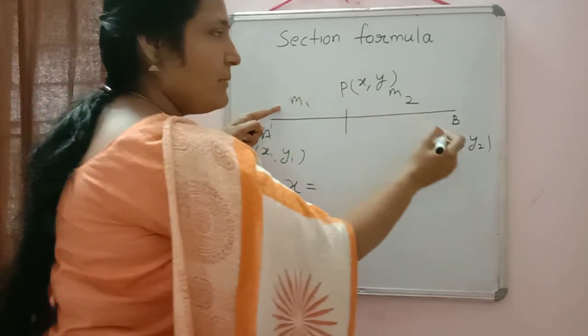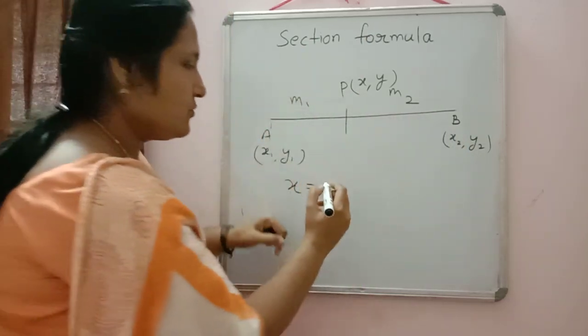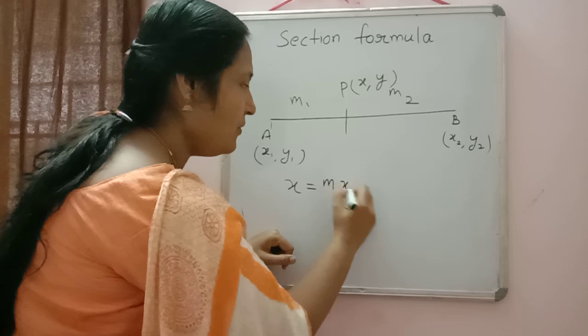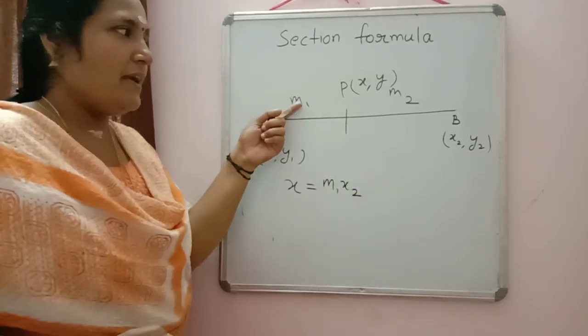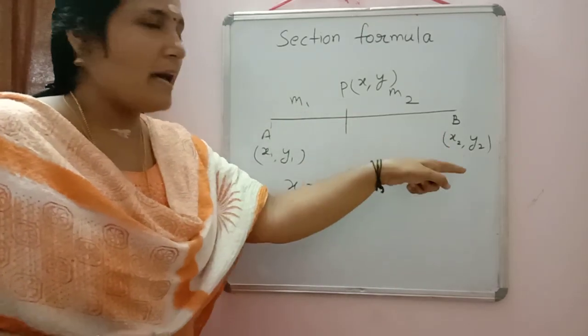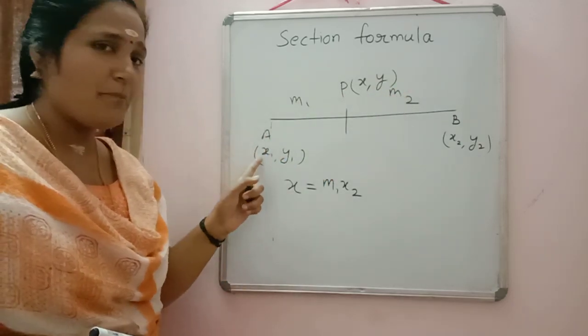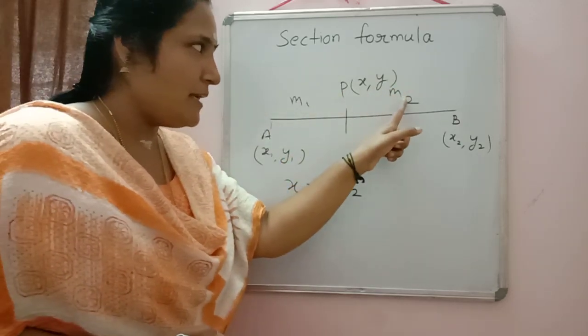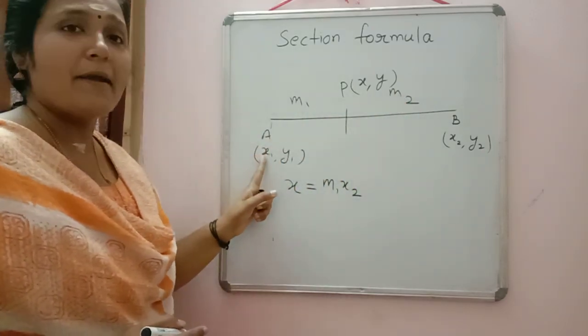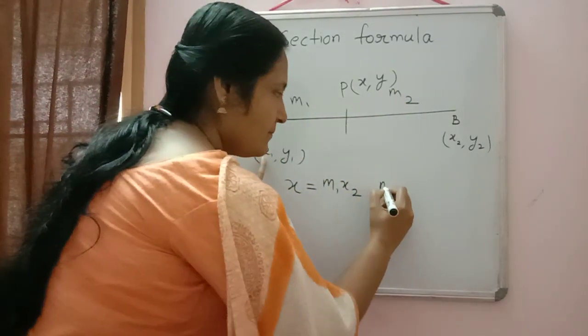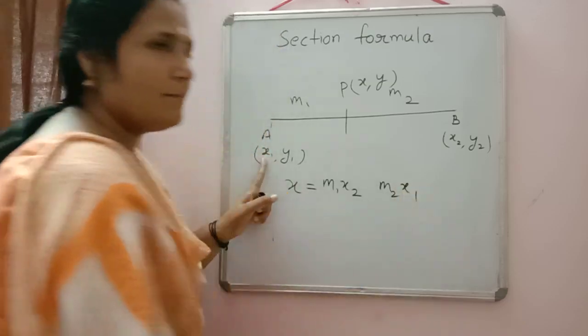So m1 will be multiplied by x2: m1 into x2. If we have the tendency to go to the other house, in the same way the children of the other house will also have the tendency to come to our house. Then m2 will be multiplied by x1: m2 multiplied by x1.